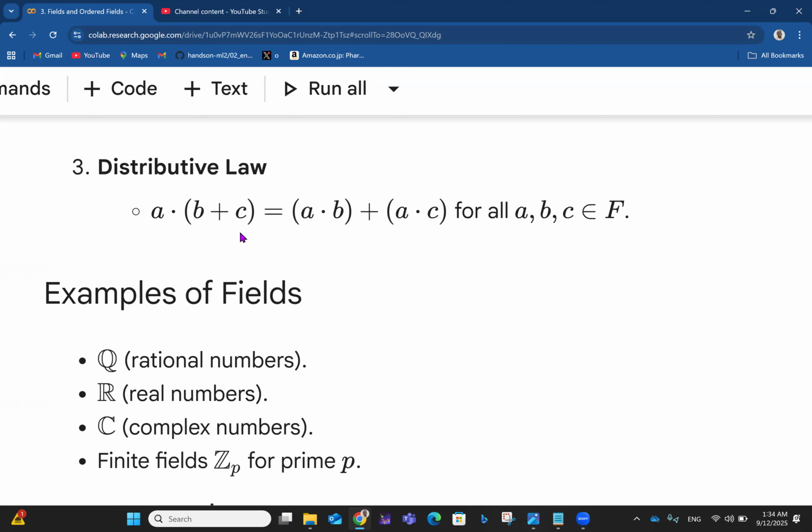A dot (B plus C) is the same thing as A dot B plus A dot C. But if you do (A plus B) dot C, you may not get this. You won't get the same result left and right. So here we see that multiplication distributes over addition, such that A dot (B plus C) is equal to A dot B plus A dot C for all A, B, and C belonging to the set F.